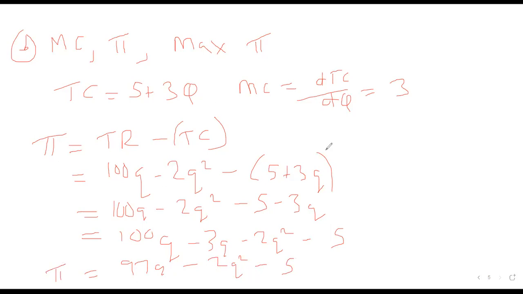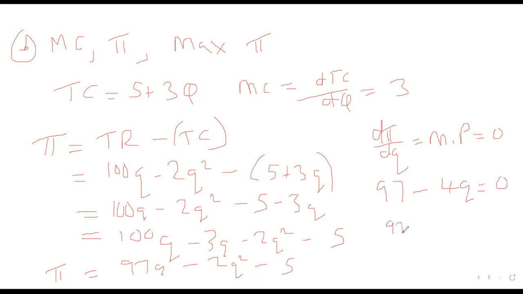Now, how do we maximize profit? We differentiate the profit. The derivative of profit over Q is equal to our marginal profit. Then we equate it to 0. Anything marginal, you equate it to 0, it will be maximizing it. So 97Q becomes 97, 2Q squared becomes 4Q. What happens to the 5? It drops out.